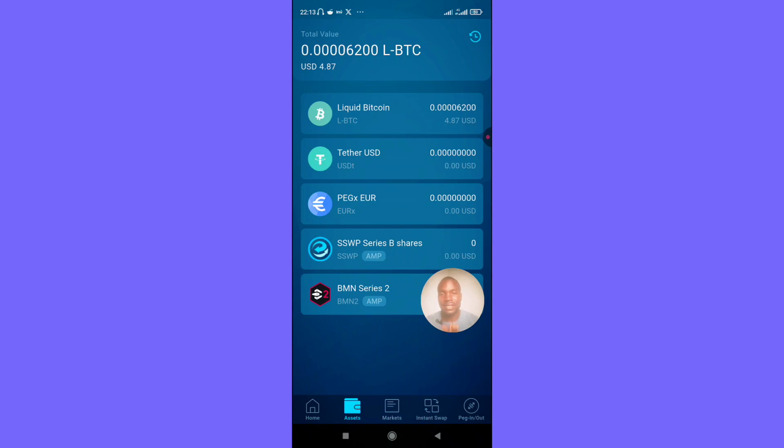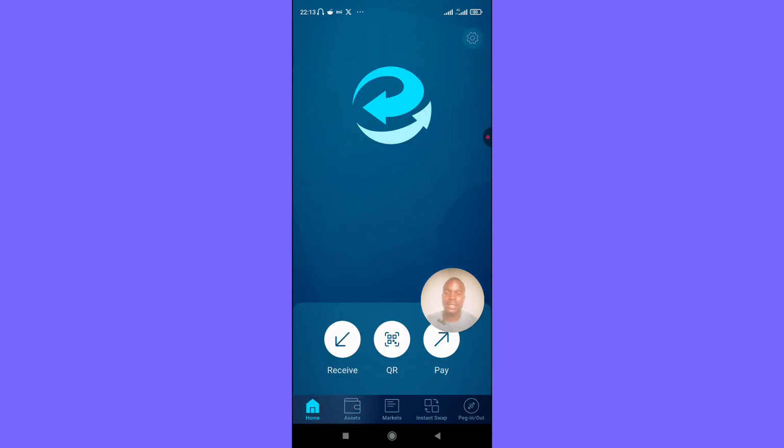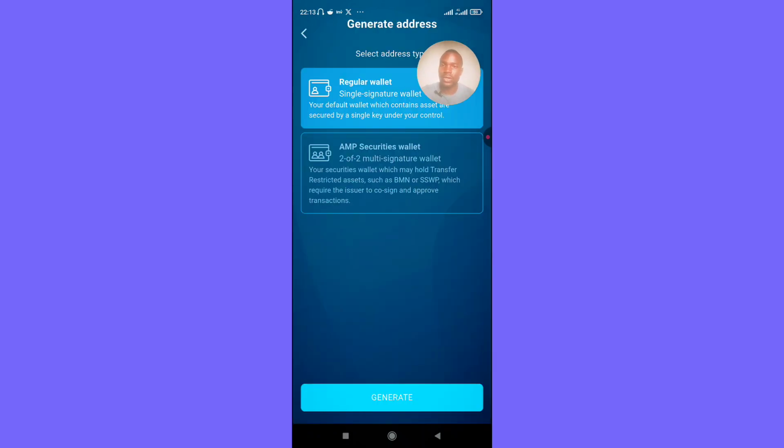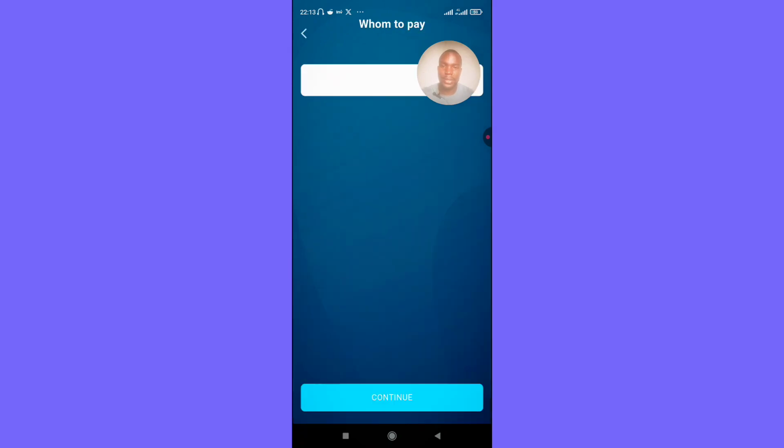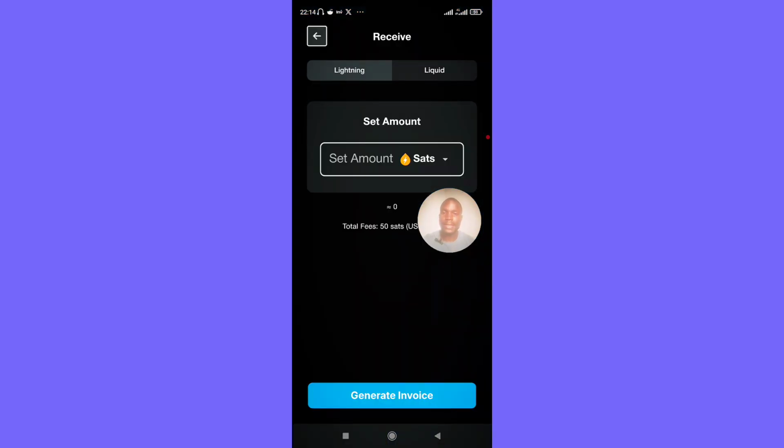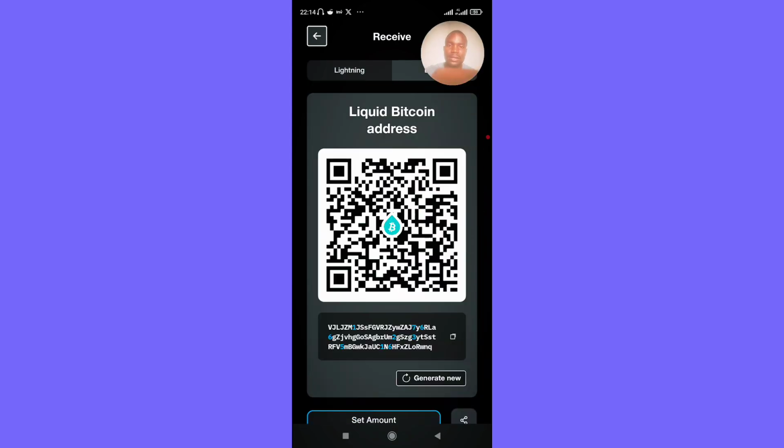Remember that your funds can't be stuck in here, because we have the liquid feature. So, the same way we received here, we just go and click on pay. Whom to pay to? We go again and get our liquid network address. Remember, we are interacting with the liquid network on Sideswap.